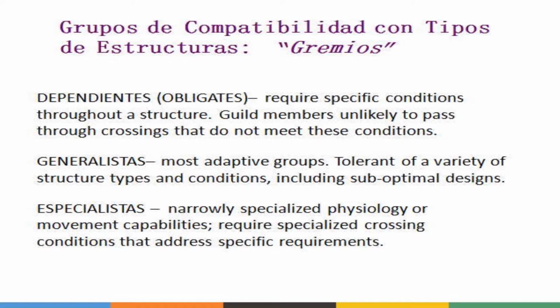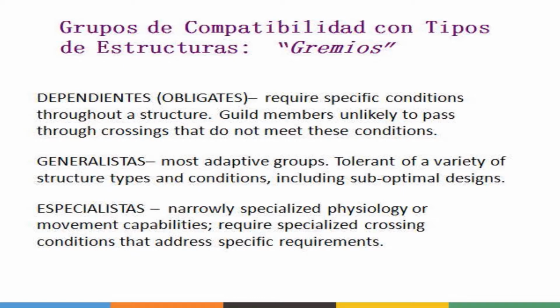There was a category where they were just too individualized to really say. But for the majority of species, you can actually put them into 8 groups. And of those 8 groups, they turn out to be dependents or obligates, and those really require specific conditions all the way through a structure, whether that's on top or otherwise.